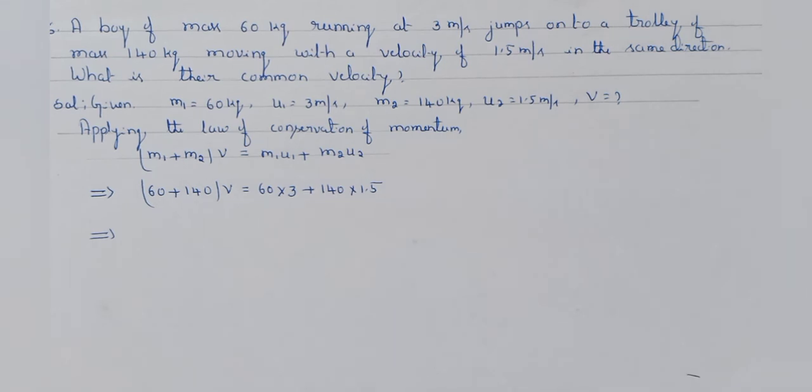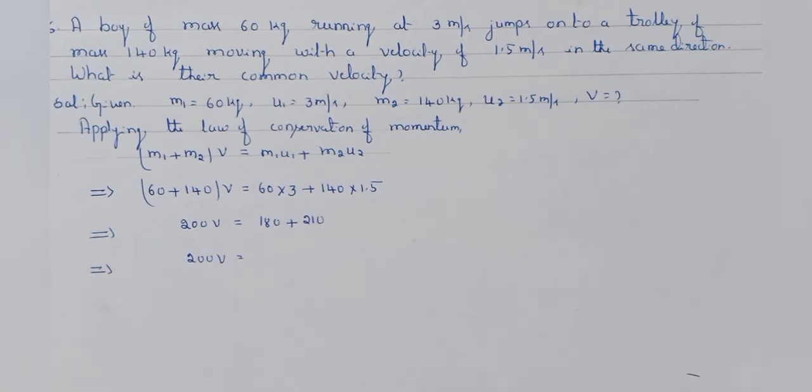Next, 60 plus 140 is equal to 200v. 60 threes are 180 plus 140 into 1.5 is 210. Next, 200v is equal to 180 plus 210 is 390. So 200v is equal to 390.